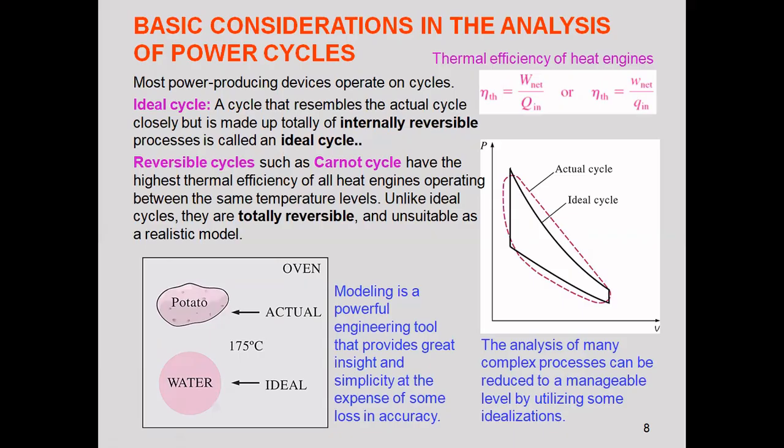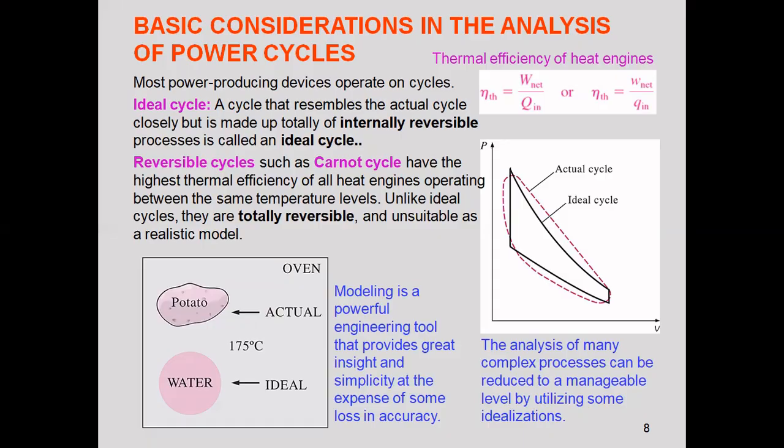The answer is that if we analyze the ideal cycle, then we will have an estimation of the maximum efficiency from that cycle, because it represents an idealized version of the actual cycle.